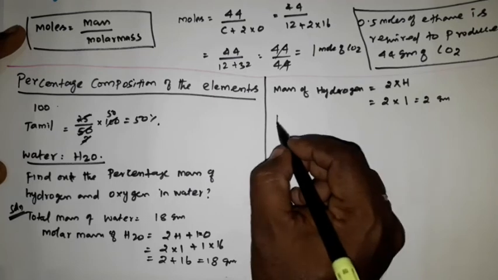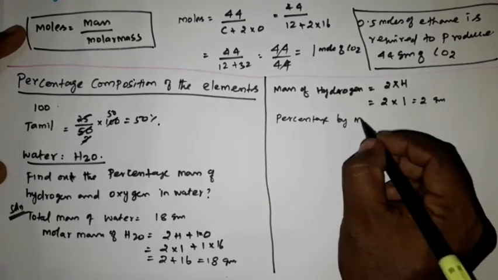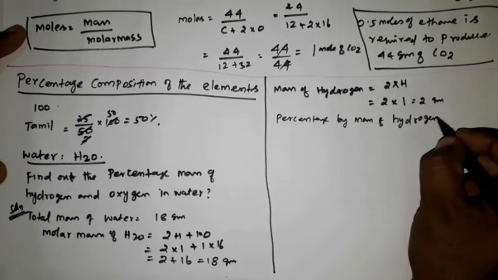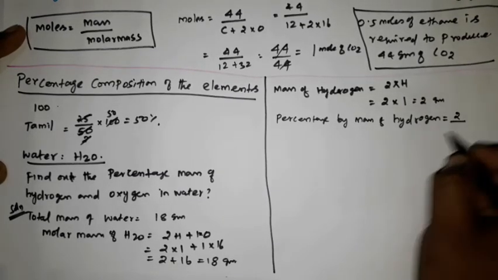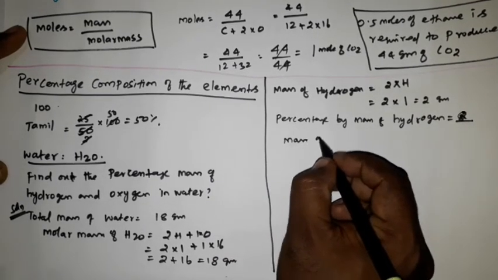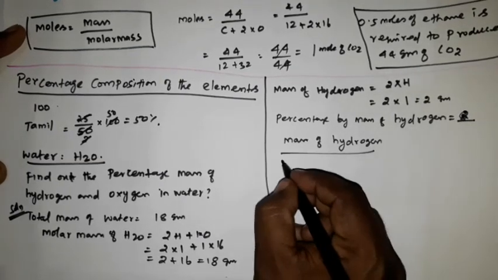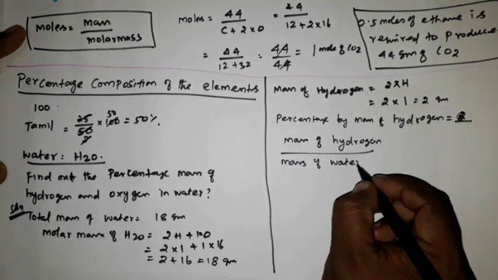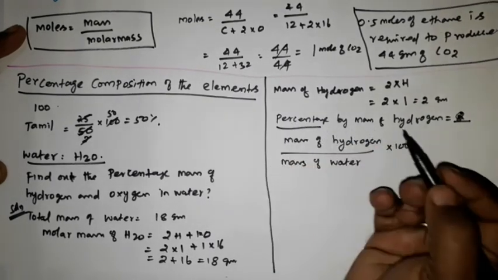So percentage by mass of hydrogen equal, 2 gram divided by what? See here, mass of hydrogen divided by mass of water into 100, because we are going to calculate the percentage.